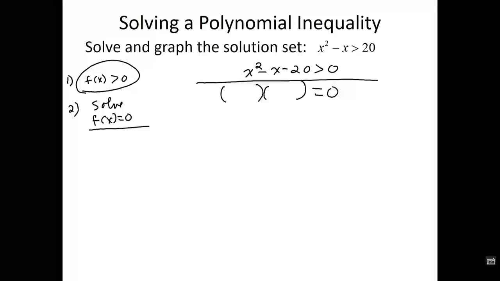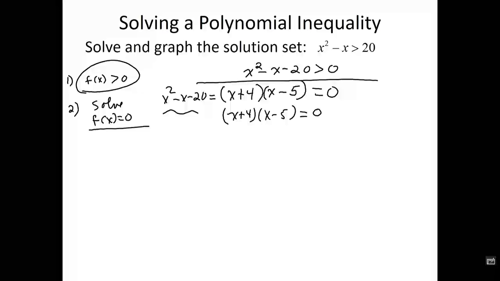So we're solving x squared minus x minus 20. If I factor this, I get x plus 4 times x minus 5 is equal to 0.